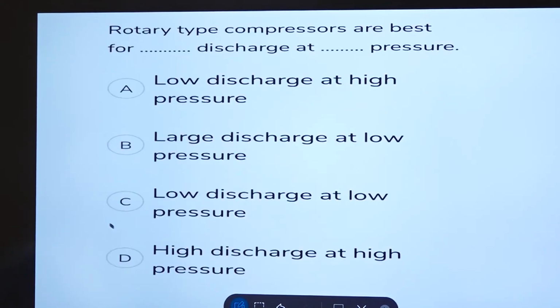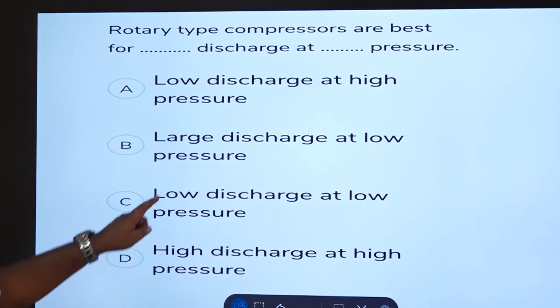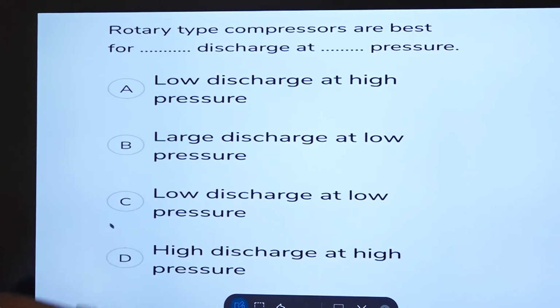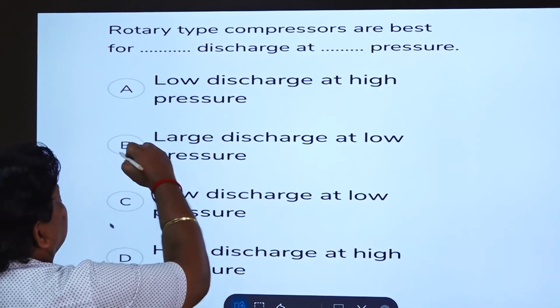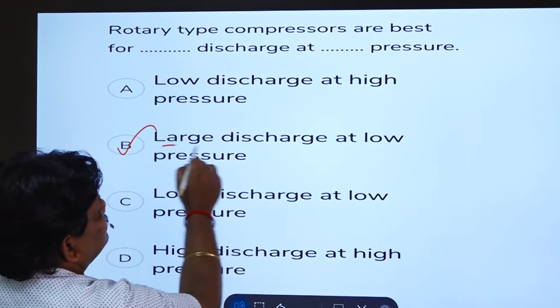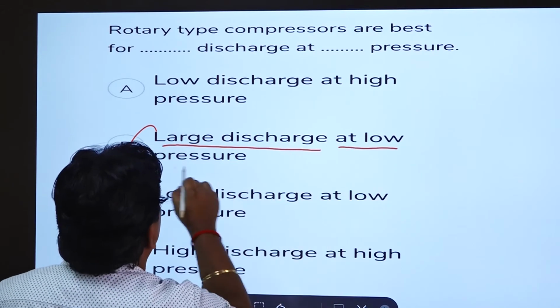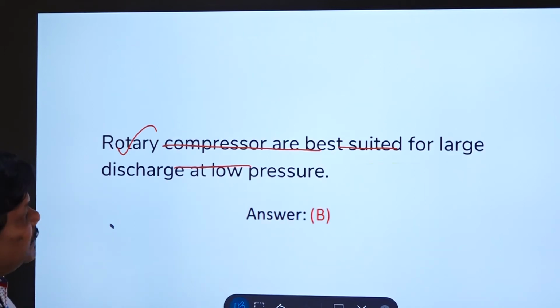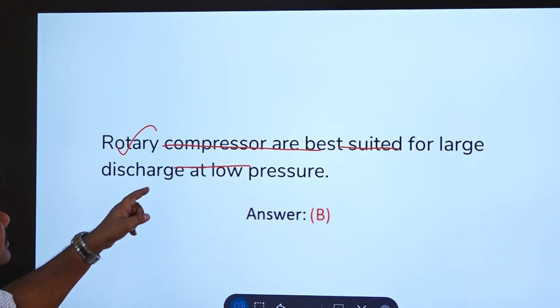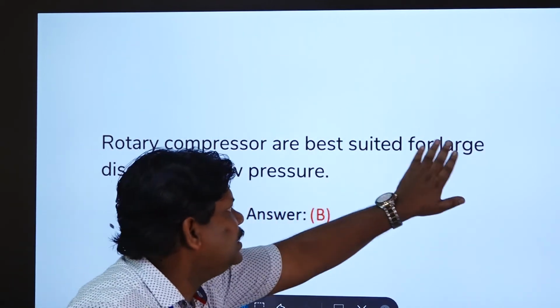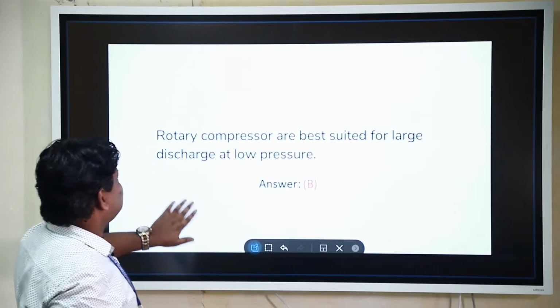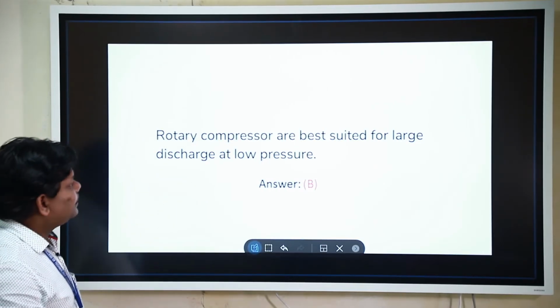Actually, this should be high discharge at low pressure. So the answer is large discharge. So it is B, that is large discharge at low pressure, because rotary compressors are best suited for large discharge at low pressures.